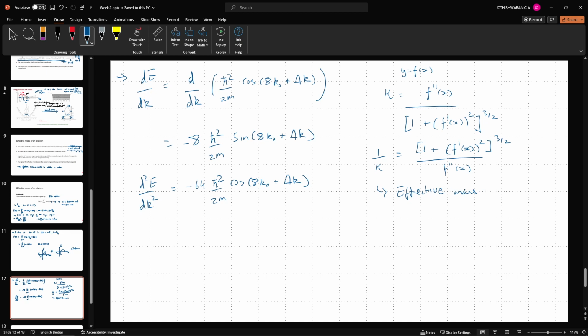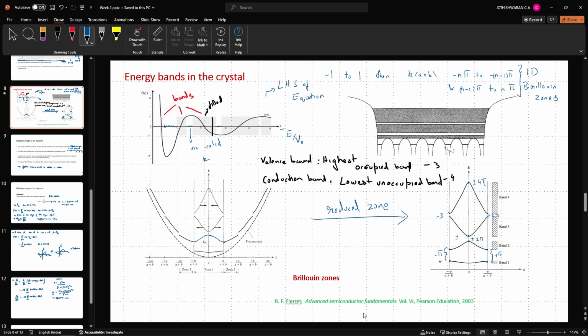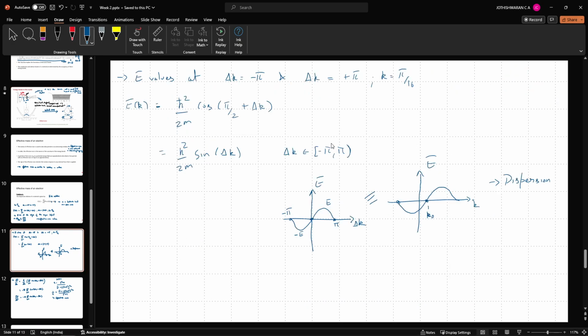Now remember what these band edges correspond to. These are the lowest energy level and the highest energy level in this region. By that rationale, I'm going to focus only in this region and this region, around the maxima of this function and around the minima of this function.